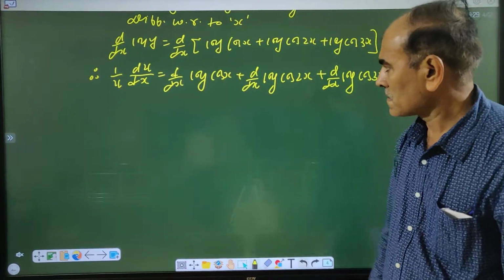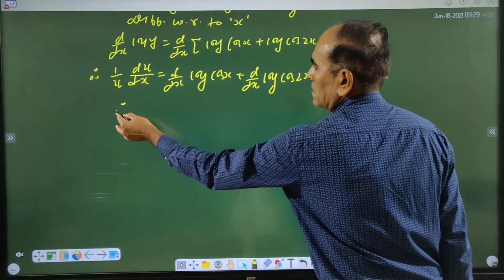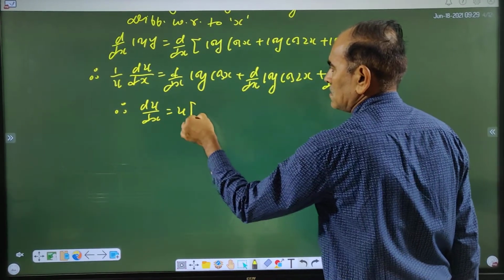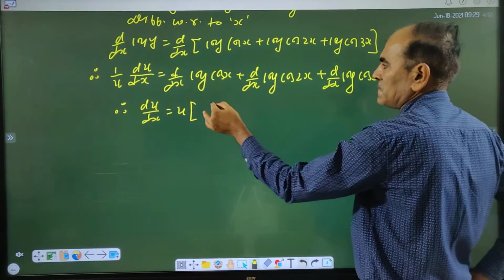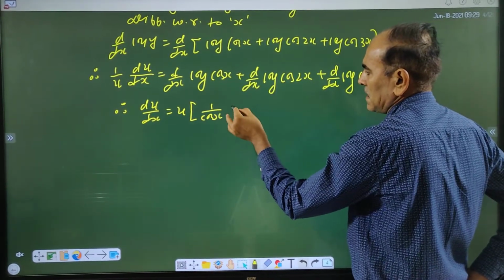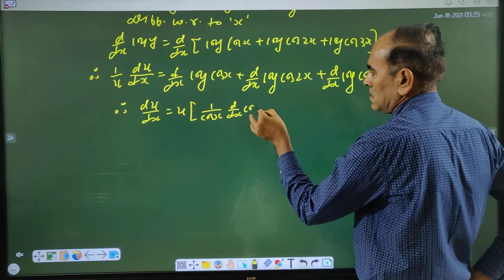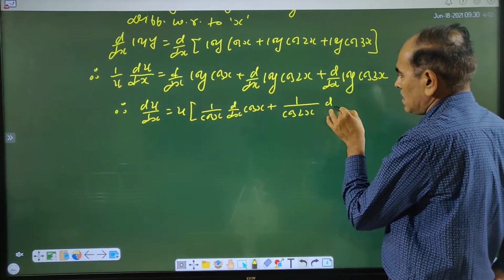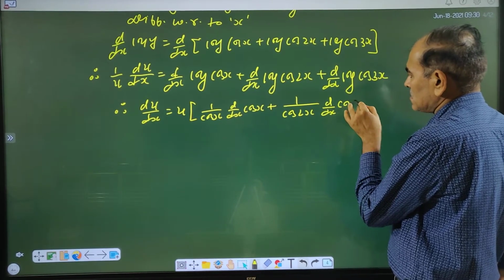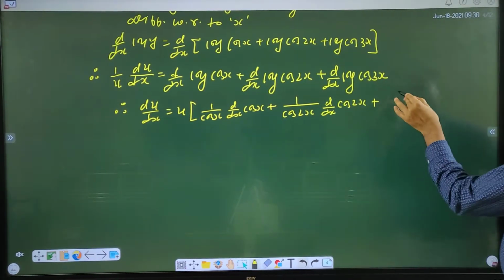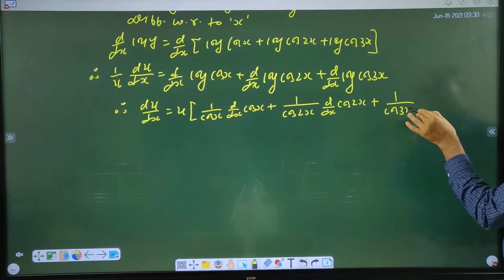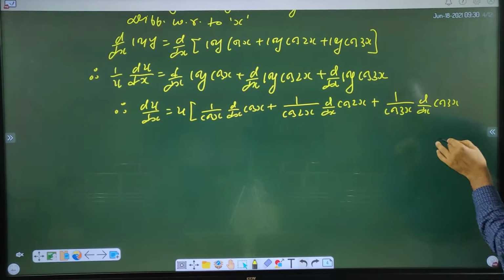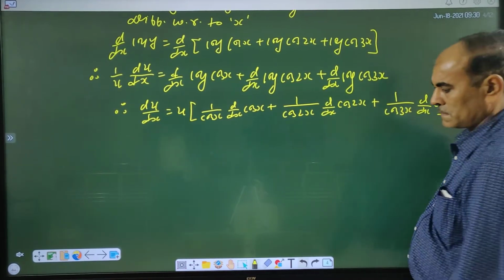So what do we get? Therefore du by dx is equal to, u is log some function, 1 by some function, d by dx of some function. Same way, d by dx of some function, 1 by some function, d by dx of some function. That is complete.